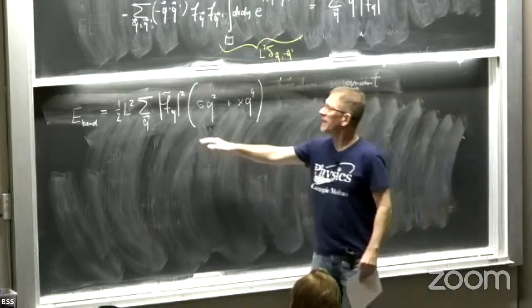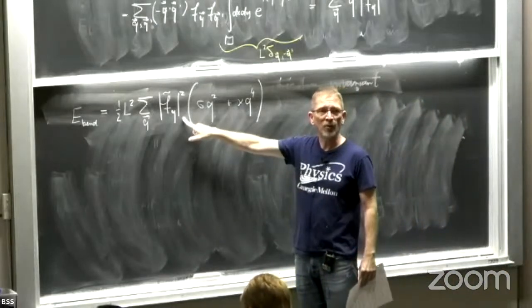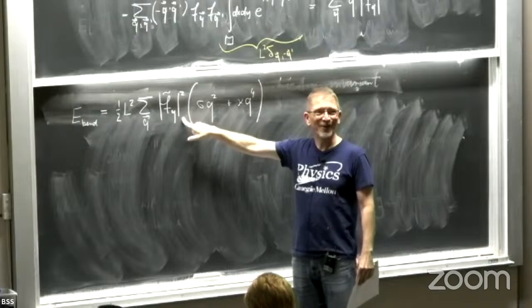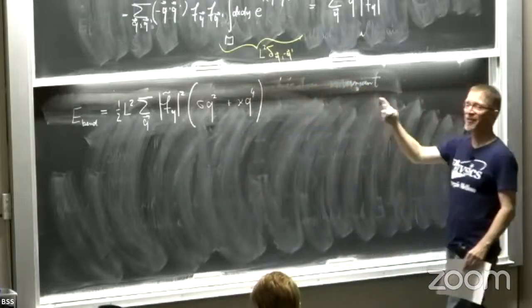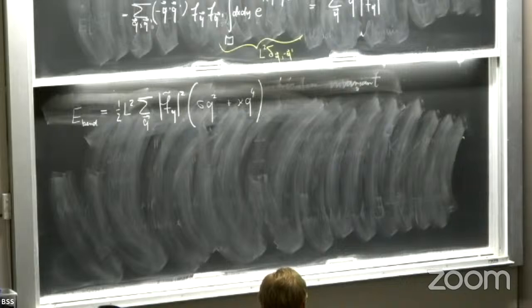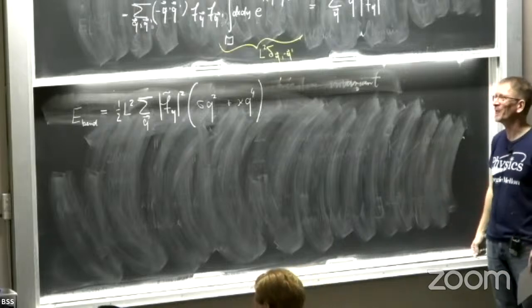And it's quadratic in the amplitudes of our modes, which means this is a harmonic oscillator. In fact, this is a sum of harmonic oscillators. In fact, it's a sum of independent harmonic oscillators. Nothing is easier than that from a statmech point of view.